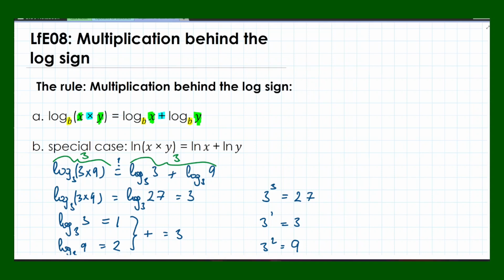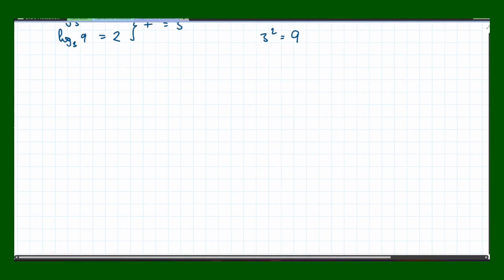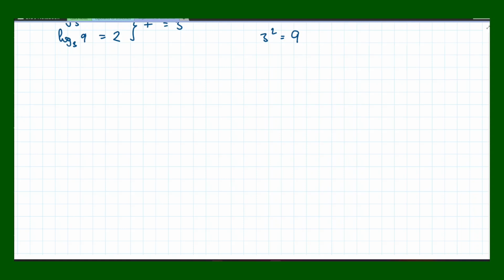First of all, let's check if this stands with a slightly different example as well. Let us make a bit more space and see if this rule holds for log base 2 of (4 times 8). Is that equal to log base 2 of 4 plus log base 2 of 8? Follow through with the same logic.